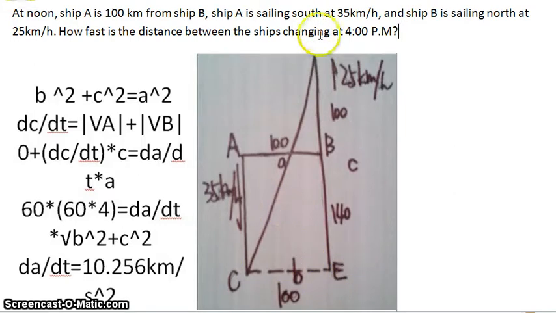And I make D equals C, DC equals A, and C equals B. So from this, I should write the derivative function is 2b, because b is not changing, it's 100 kilometers. So I just need 2b plus 2c, because c is changing, so we need to put the derivative of c there, and a is changing too, so it's 2a derivative.